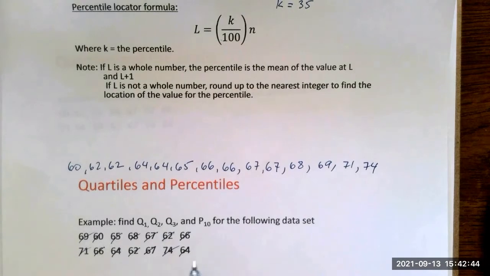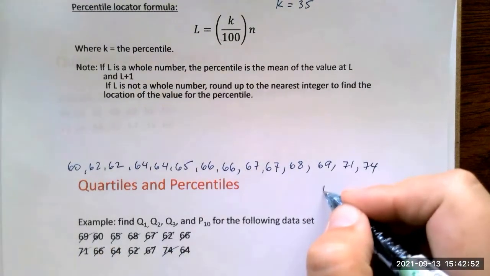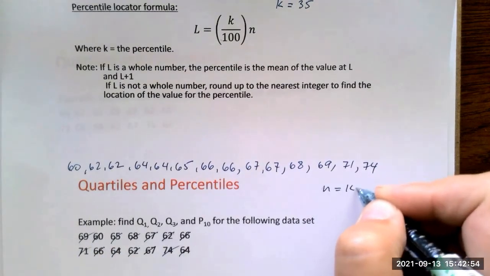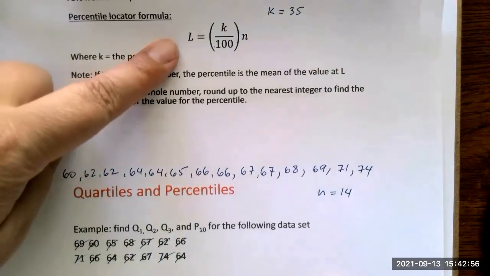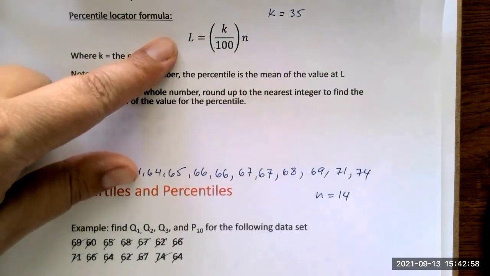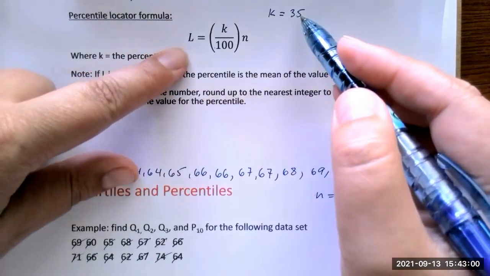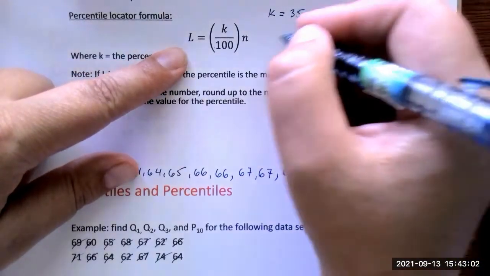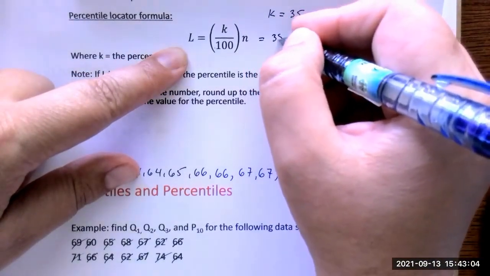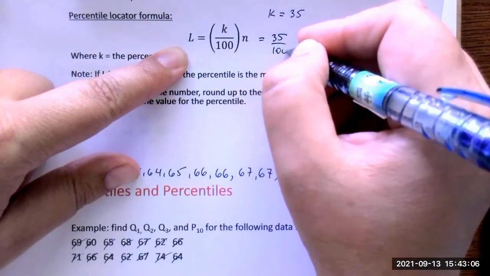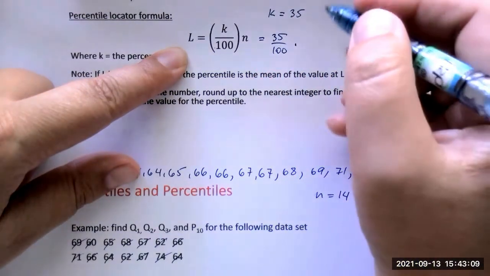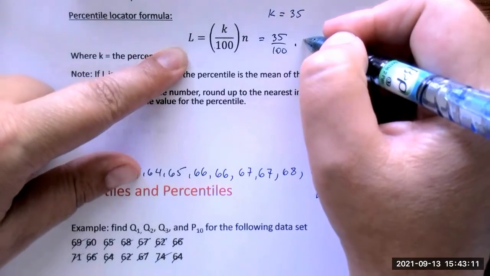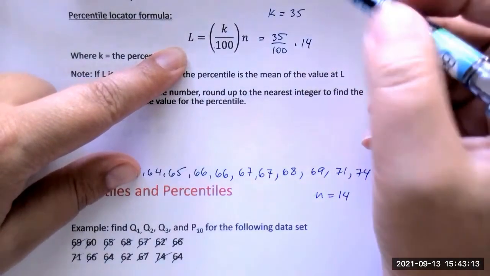We need to count the number of data values. So we have 1, 2, 3, 4, 5, 6, 7 times 2, n is 14. Going back to our formula, the percentile is 35. So we're going to have 35 divided by 100 times the number of data values, 14.